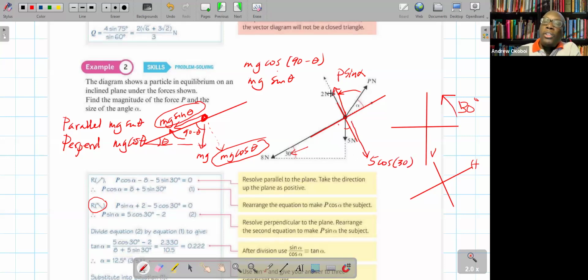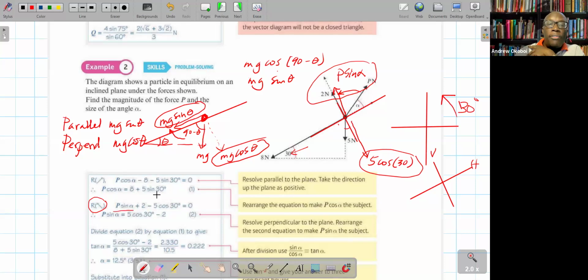Like that. Now, these two are pointing up, so I'm going to add them together. And I'm going to subtract this one. Now, because this particle is not moving up or down, that means what I have added up here at the top should be the same as what I have down here. And that's what we're doing here.